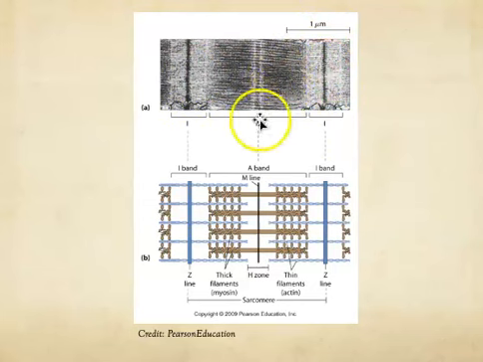Notice these dark bands right here. From here to here, a very dark region. That's the A band. Now within the A band, there are thick filaments and thin filaments overlapping each other. That's what gives it the dark color. And if you follow down to the drawing, you can see this region.